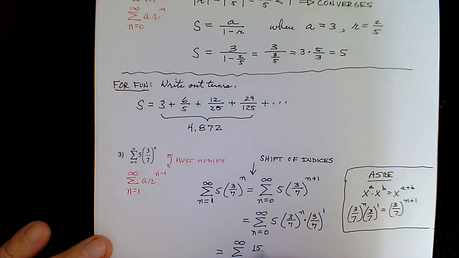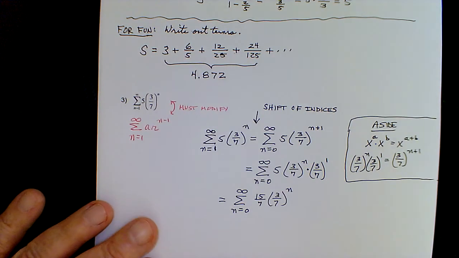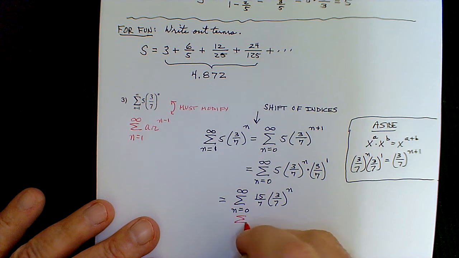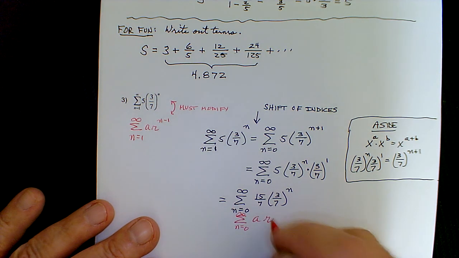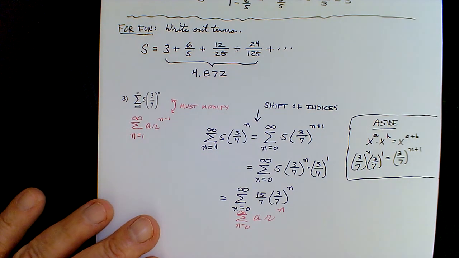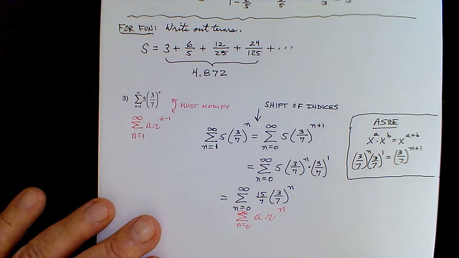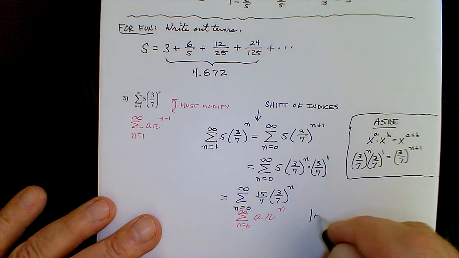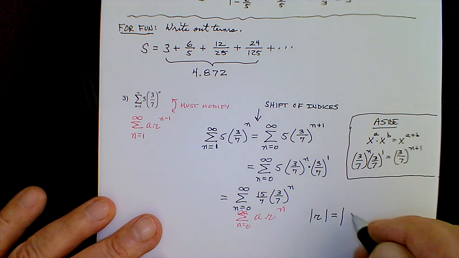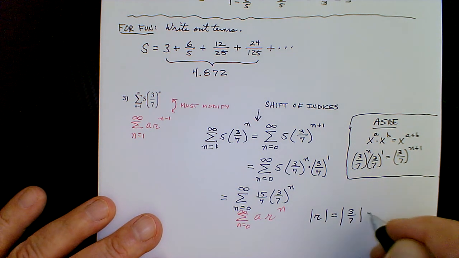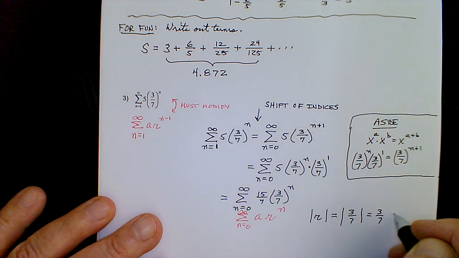That is, this is the sum as n goes from 0 to infinity of AR to the nth, and now it matches the appropriate power, the nth power. Okay, so the absolute value of R is the absolute value of 3/7, which is 3/7, which is less than 1. Look at the theorem if you have to, and it converges.